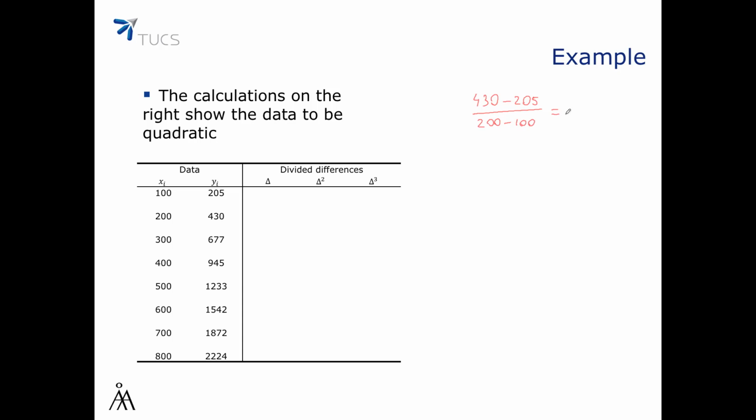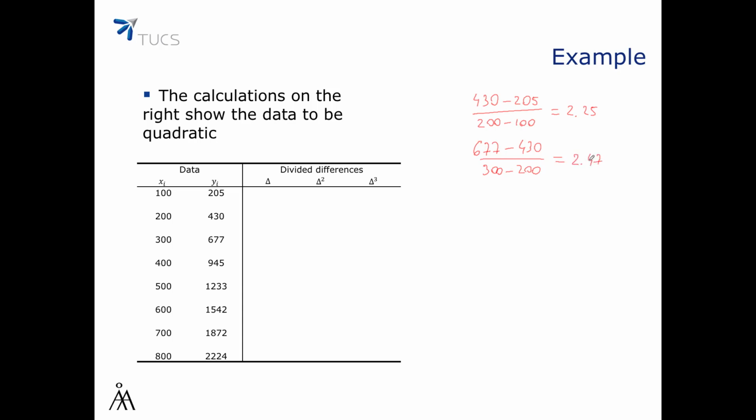And that will give us 2.25. We do the same for the second pair of points, and for that we do 677 minus 430 divided by 300 minus 200, and that will give us 2.47.